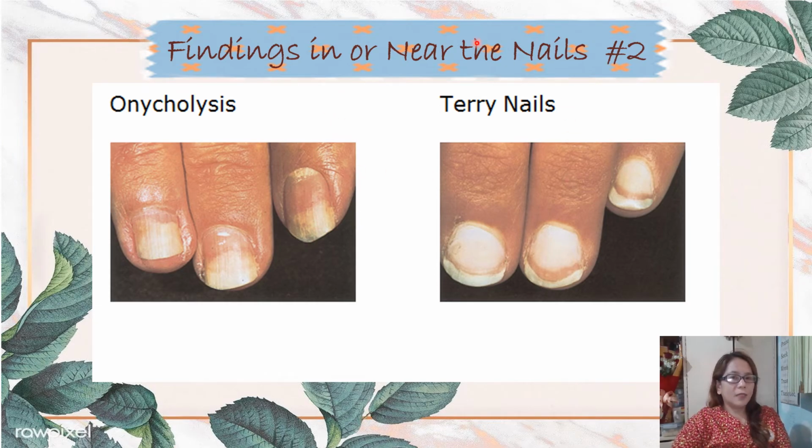And then another example here is the tearing nails. Okay, the nail plate turns white with a ground glass appearance. So ang pinagkaiba nitong dalawang to, sobrang white ito. Okay, ground glass appearance.